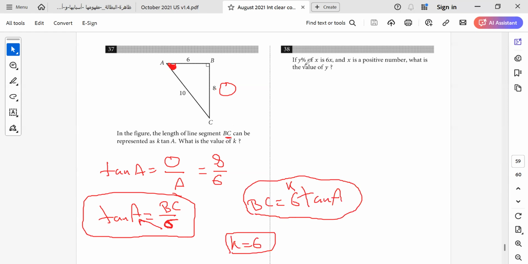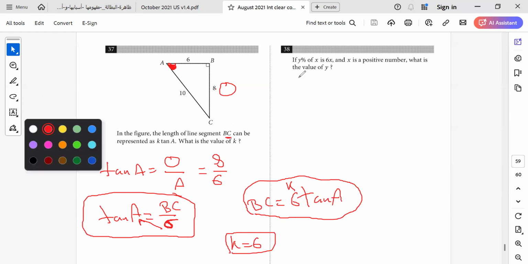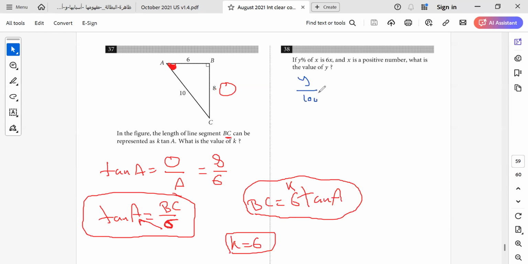Question 38. I will translate it to math. Y percent of X is 6X.